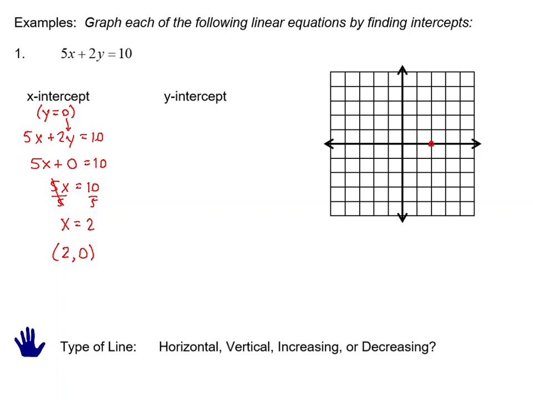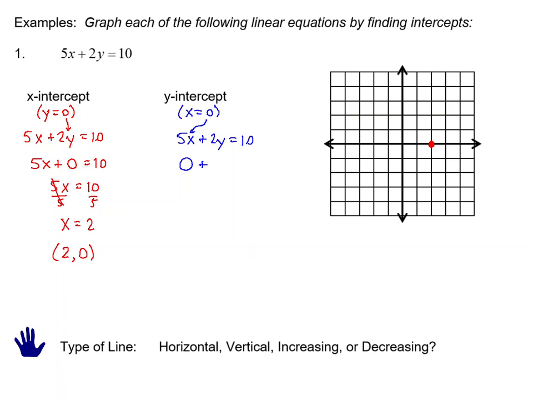(2, 0) would be this ordered pair right here, this point right here. We have one of our intercepts. Now let's go find our y-intercept. Again, remember that that means that x will equal 0. So if I have my equation, which is 5x plus 2y equals 10, and I plug a 0 in for x, 5 times 0 becomes 0.